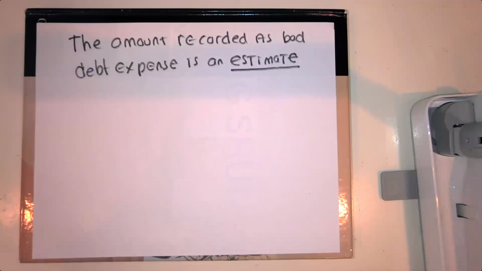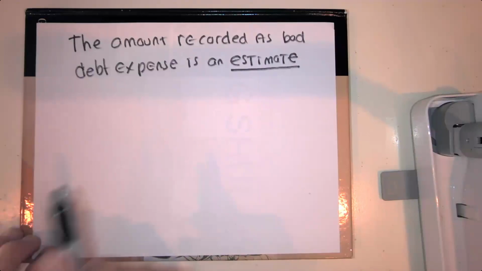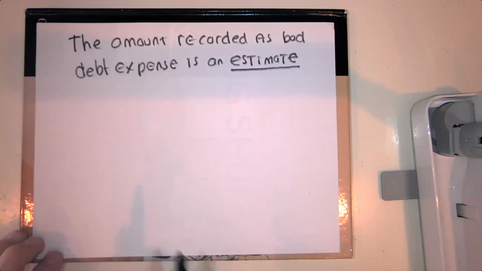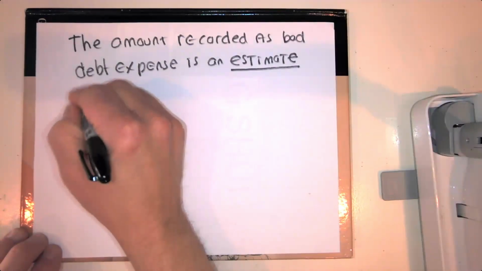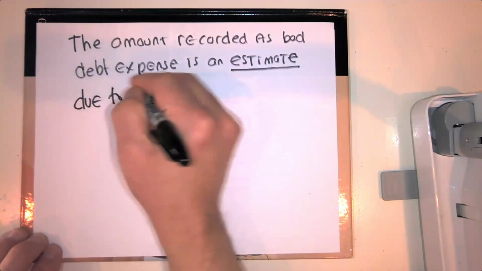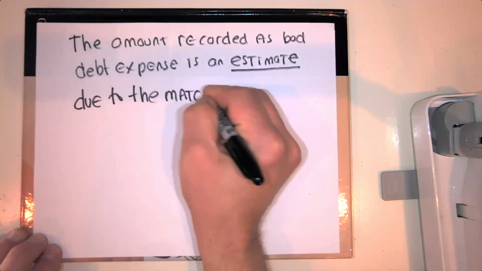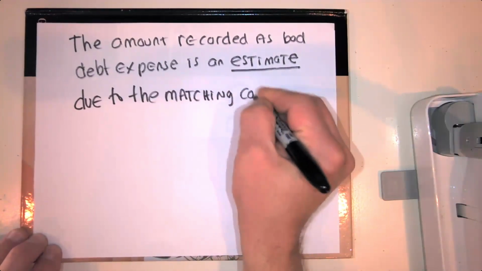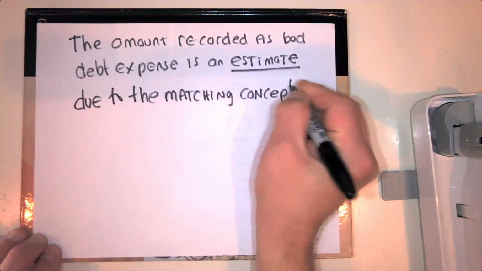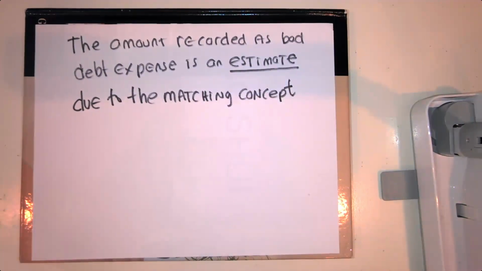In fact, I want to add, let me help a little bit. I want to add what he said. The amount recorded as bad debt expense is an estimate, and it is estimated due to our friend, the matching concept. And what the matching concept says, Keaton, it's not related to revenues.